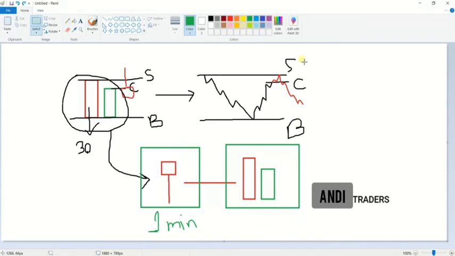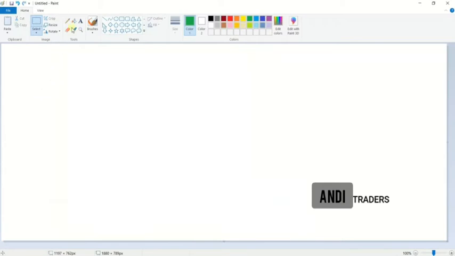So what can we know about this candle? Let me clean this here. Okay, so we have this candle. We already talked about this, so let me draw this in red. So this is the buyer's area.